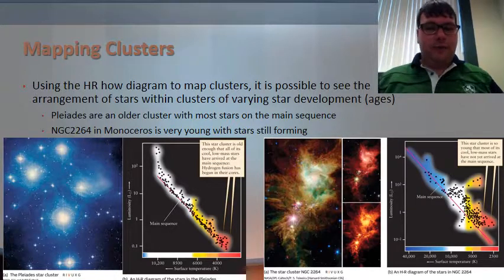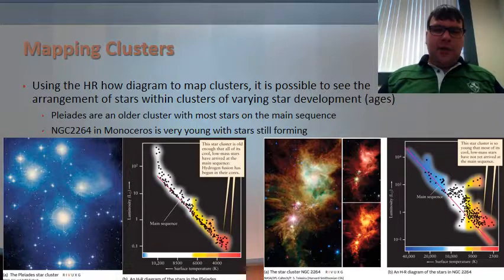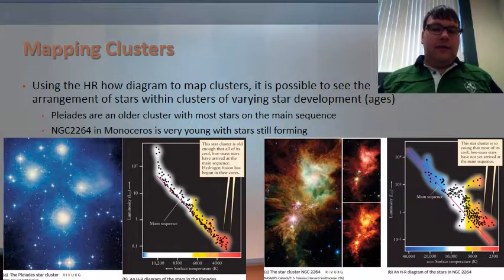It's very beautiful. Now, looking at the HR diagram for this cluster, we try to determine the existence of stars that are still being formed. And what we see is that this cluster is old enough that all the stars that are being formed are really formed at this point.